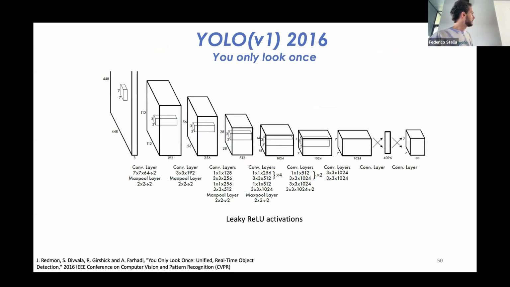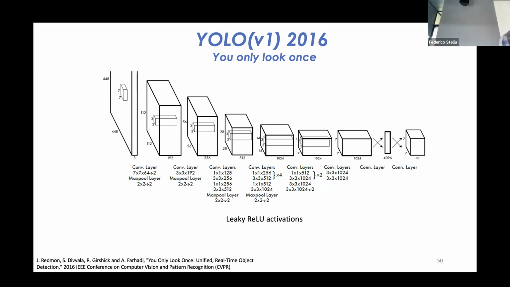So this is the YOLO architecture. It's 20 layers plus 4 layers in the end, so overall it's 24 layers. It's almost all convolutions. You have some 7x7 convolutions, some 3x3 convolutions. In some later YOLO versions, they started using only 3x3 convolutions as well, but they started with this.